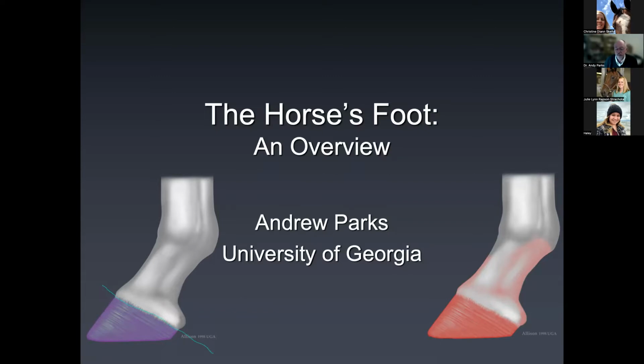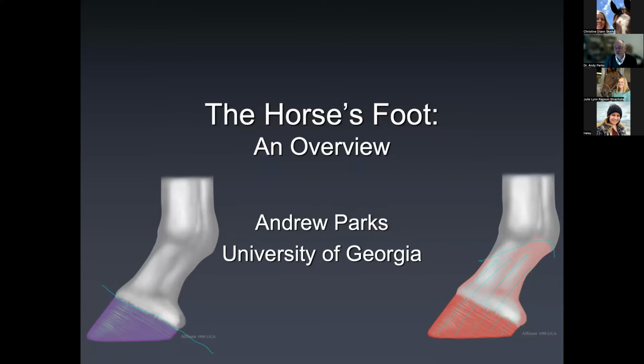But when vets say there's problems in the foot, a lot of the times they actually mean that it blocks out with a block just below the fetlock. And that means that it gets everything in this area here, but that's really the digit rather than the foot.